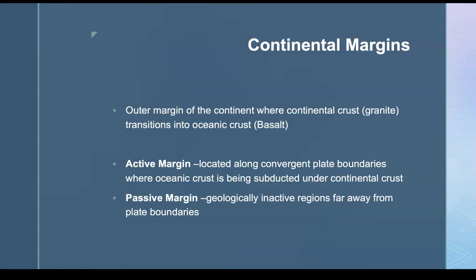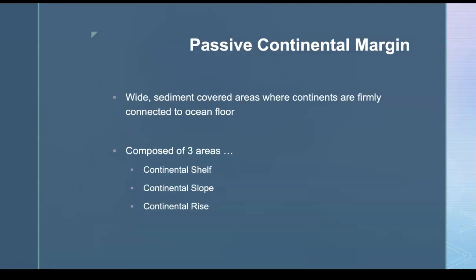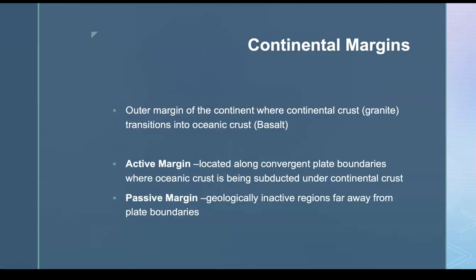All right. But the other type of margin is a passive margin, and there's not a plate boundary there. So I'm not sure why I didn't give examples. Let's just real quick tell you here. A North American example, the West Coast is an active margin. The Pacific Ocean is on its own plate called the Pacific Plate.